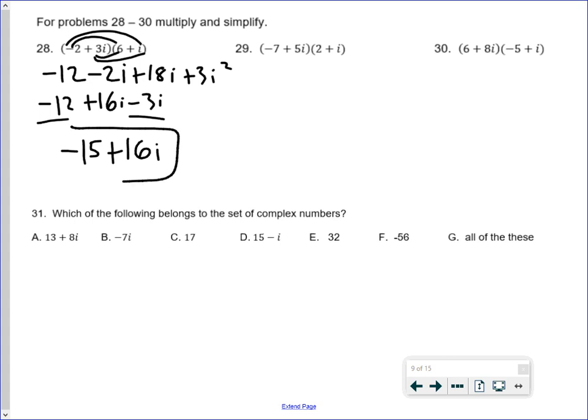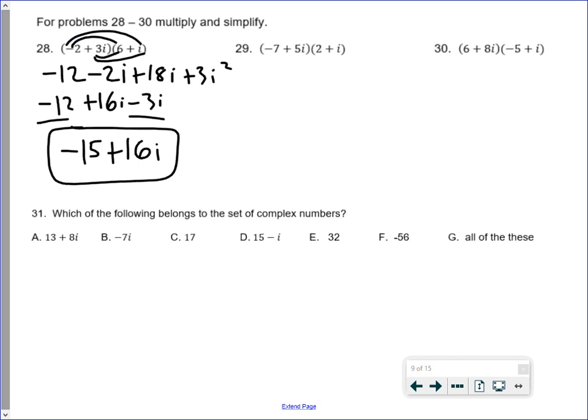And that's what our answer will be. You do the same thing for 29 and 30. The biggest thing to remember is that when you have the i squared, you have to convert it to -1 and simplify from there. If you give an answer with i squared, the answer is not going to be correct. Okay? So 29 and 30, I'll leave that for you guys.